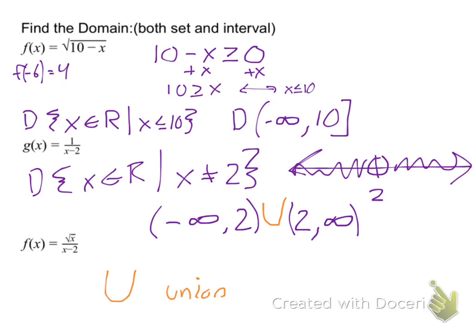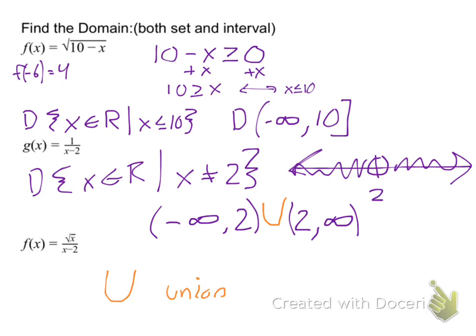You're putting all of the numbers or elements together. But you notice that if you put them together, you don't get 2, because 2 is not included in either one. You kind of see that?